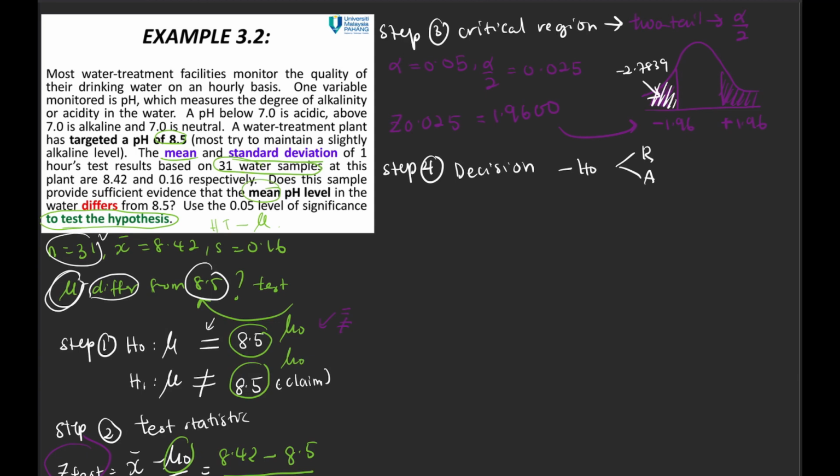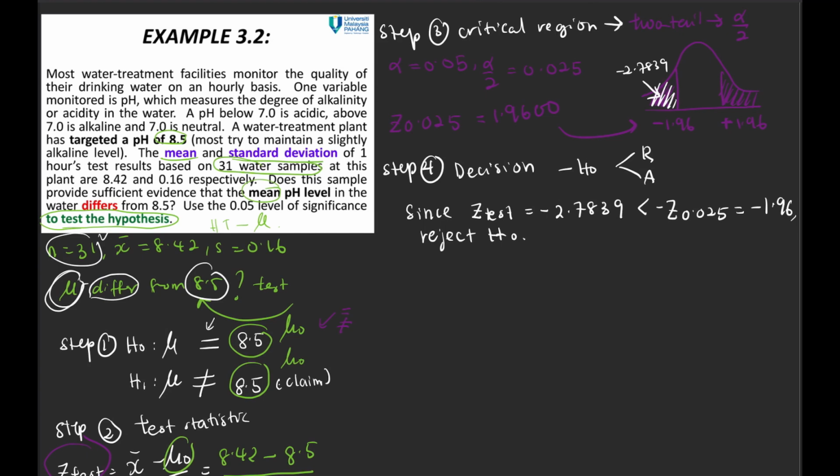So you have to reject H null. Since z-test is equal to negative 2.7839, it is less than negative z 0.025, which is negative 1.96. You have to reject H null.